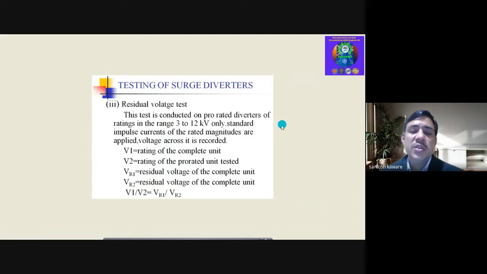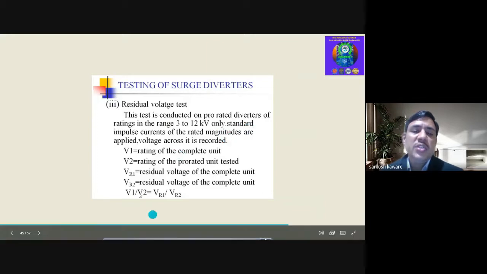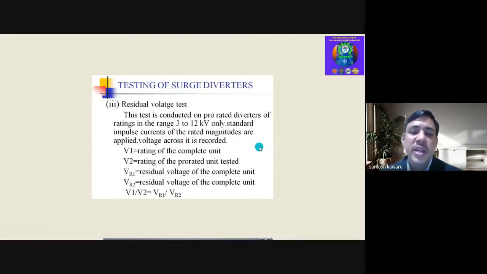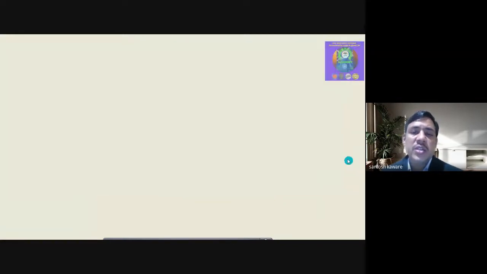In this test, these surge arresters are tested with a voltage of 3 to 12 kV only. Meaning they apply up to 12 kV across the surge arresters, and they check the equivalence between these parameters, meaning the magnitudes of the applied voltage and what we get across the surge arresters.